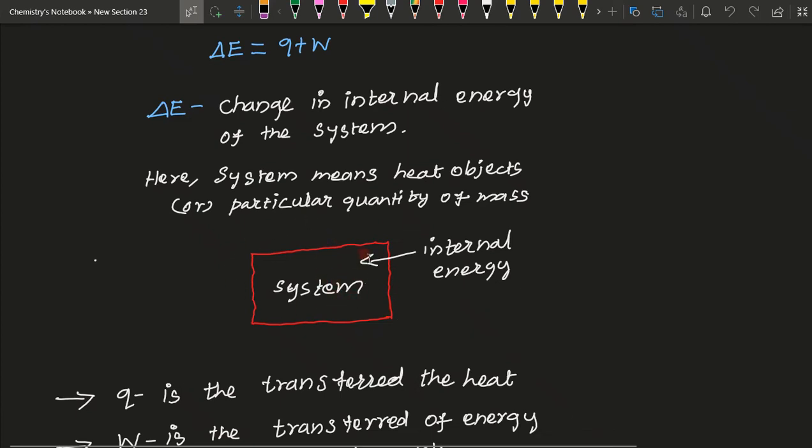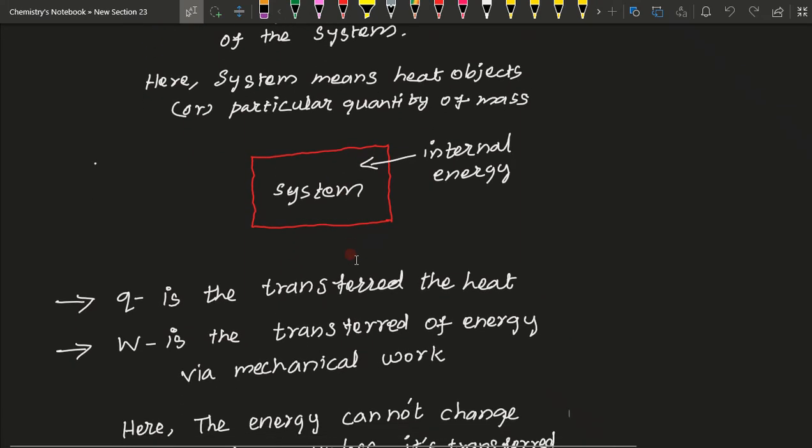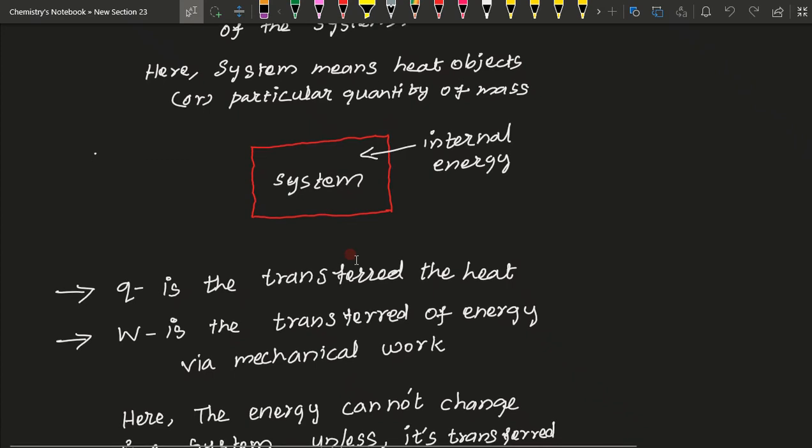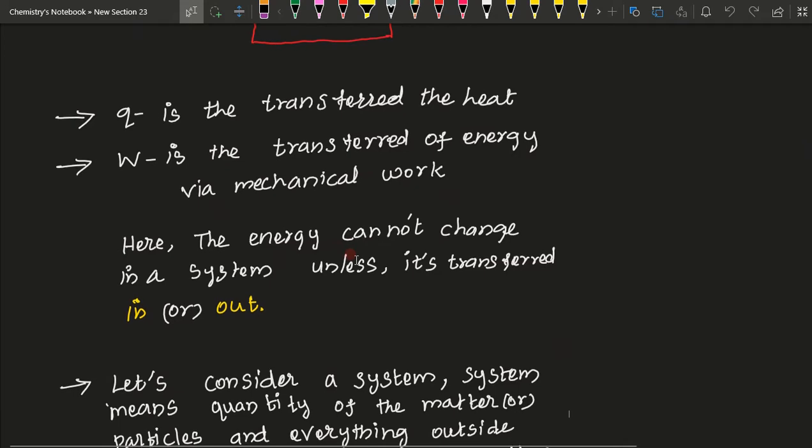That is called internal energy or delta E. Next, Q is the transfer of heat, W is the transfer of energy via mechanical work. Here the energy cannot change in a system unless it is transferred in or out.